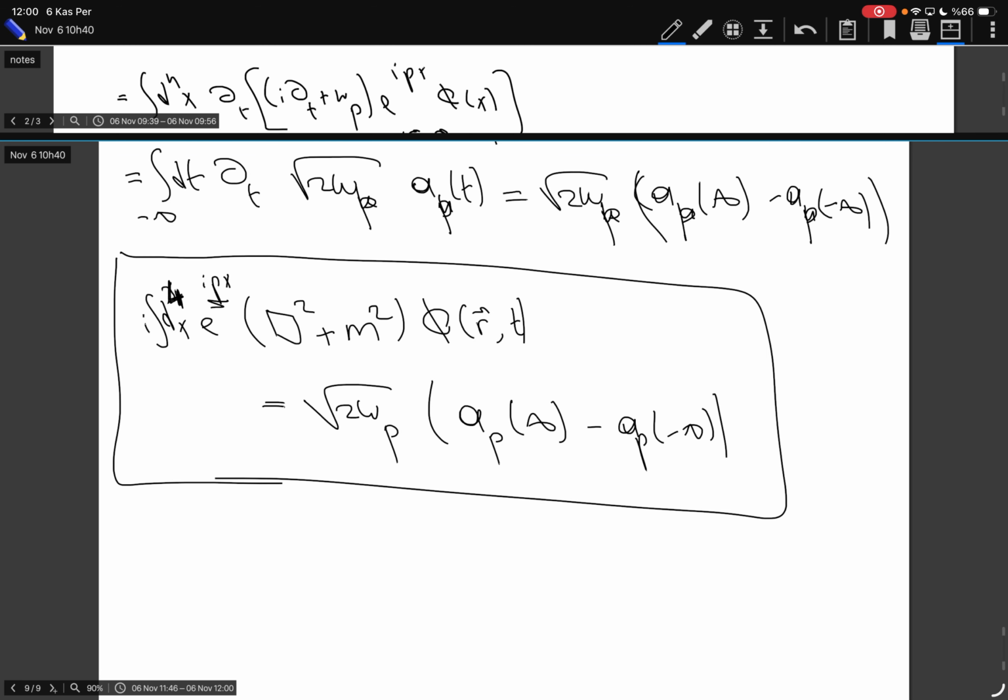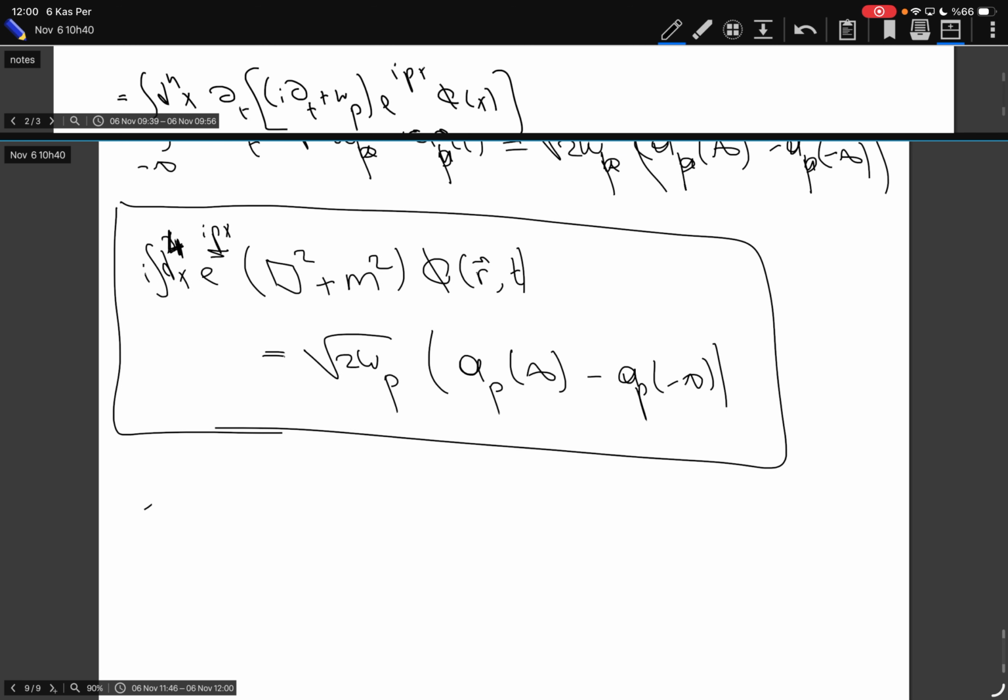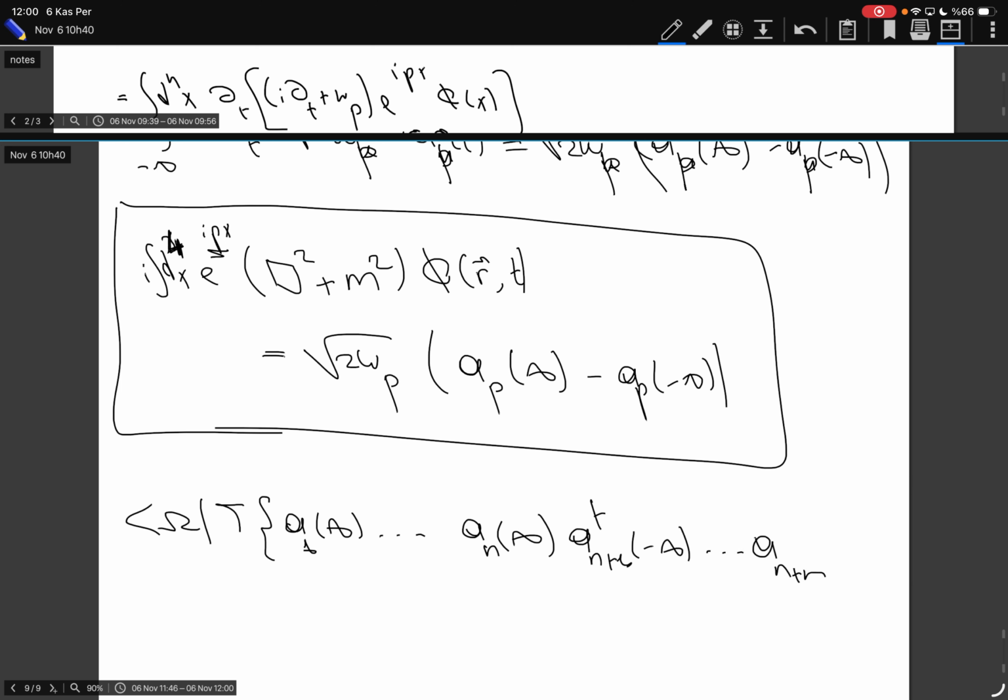Now remember what I was trying to calculate. This is what I'm trying to calculate.